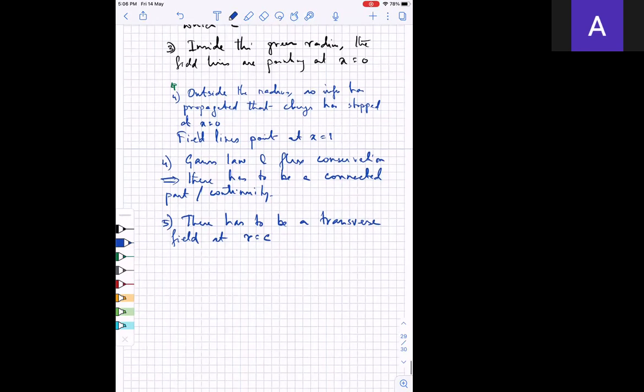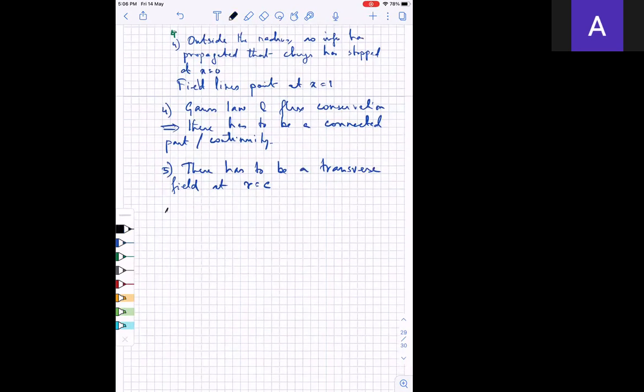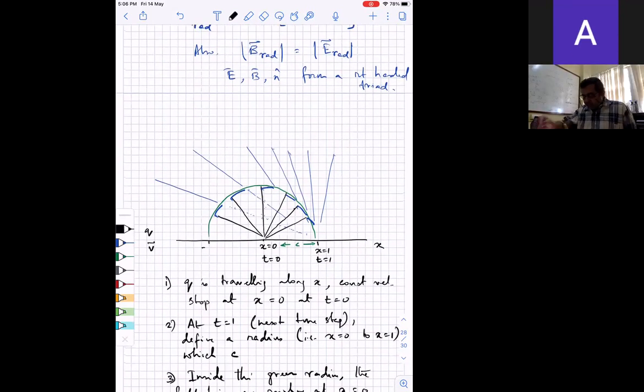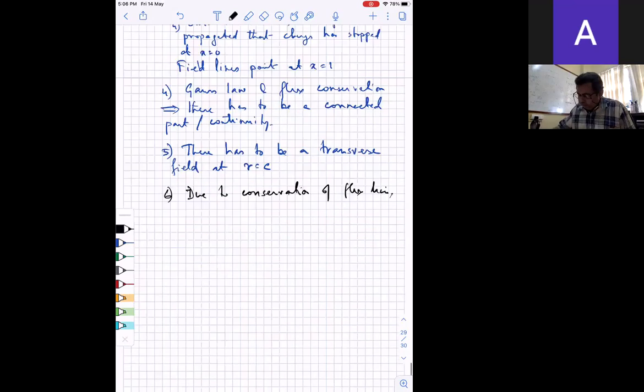Now, because there's a conservation of flux lines, one can argue that this transverse field, along this green circle where there is a bunching of lines, has to go as 1 by r.